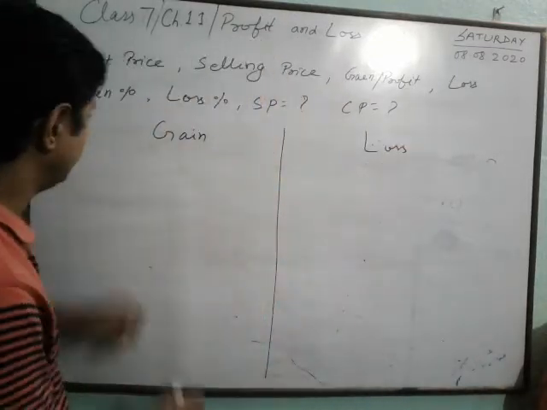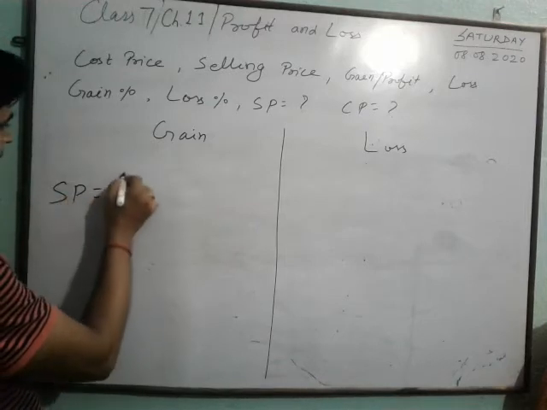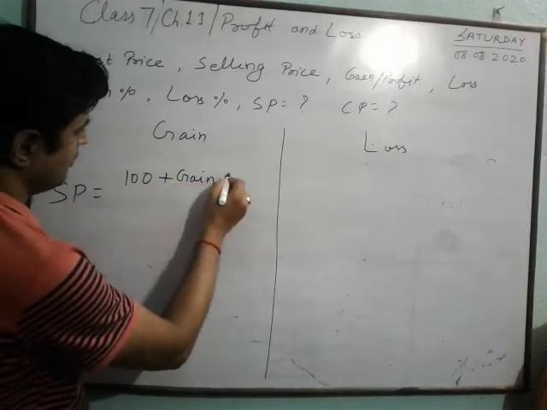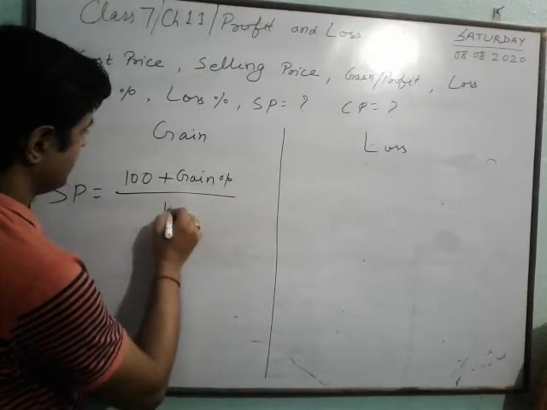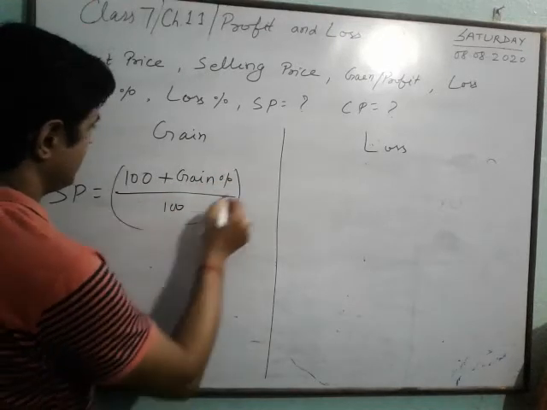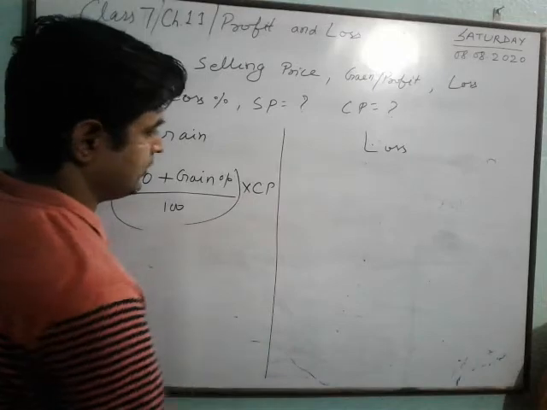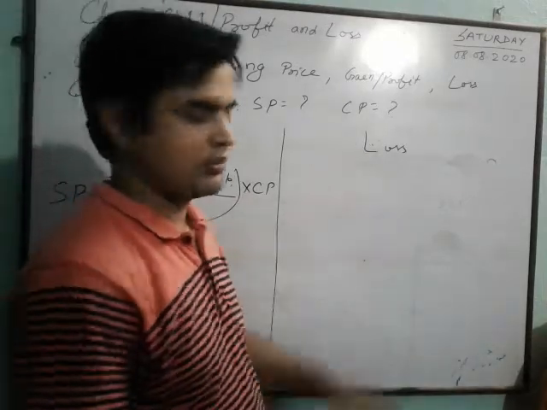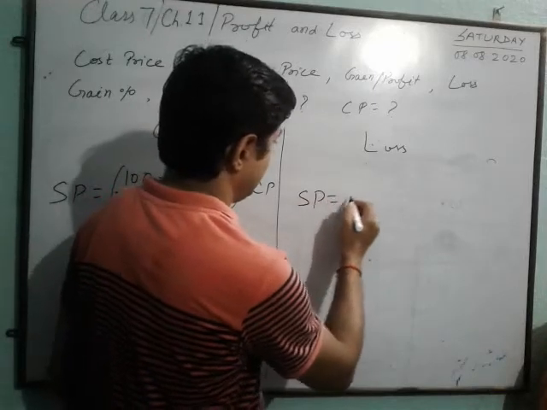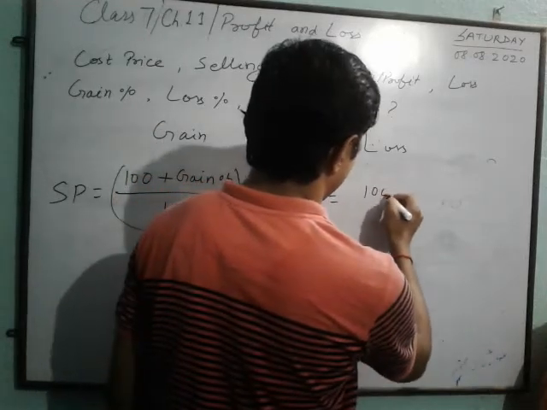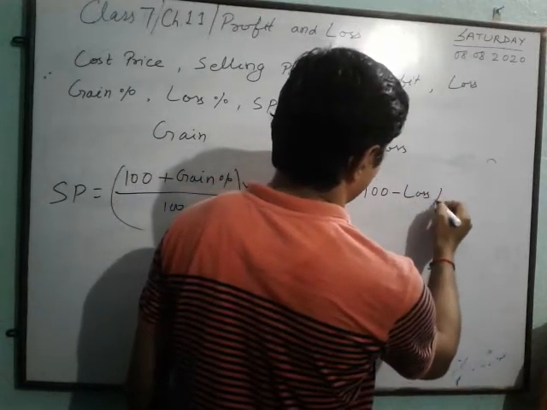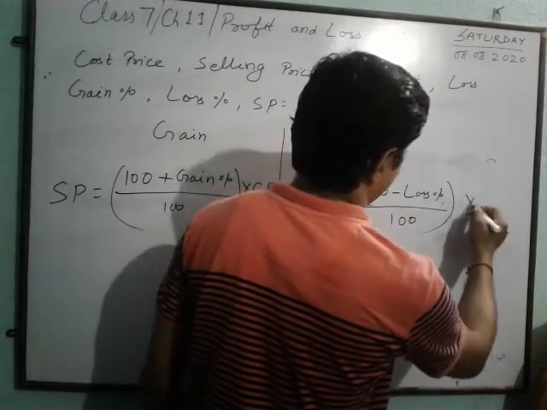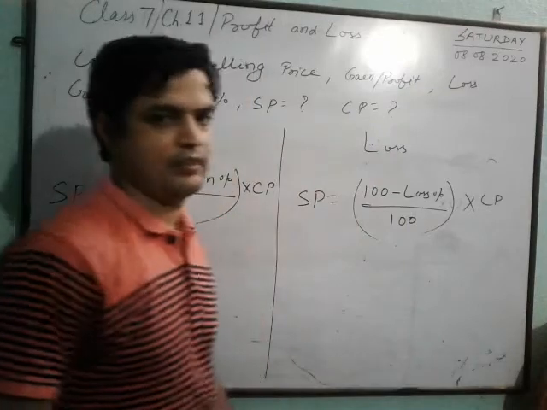In case of gain, SP equal to 100 plus gain percent by 100 into CP. And in case of loss, SP equal to 100 minus loss percent divided by 100 multiplied by CP.